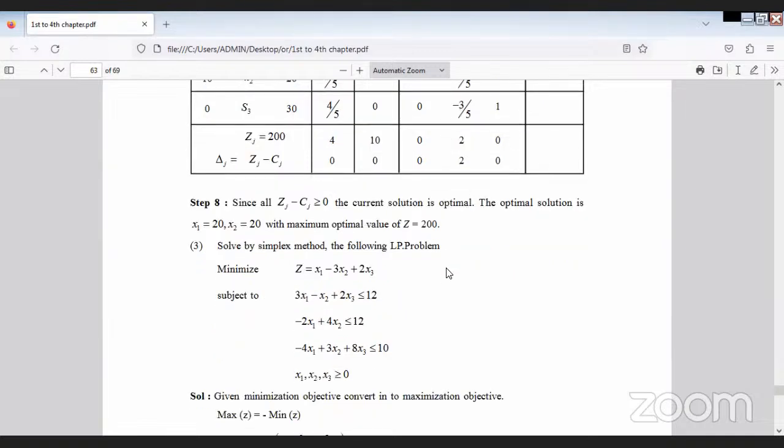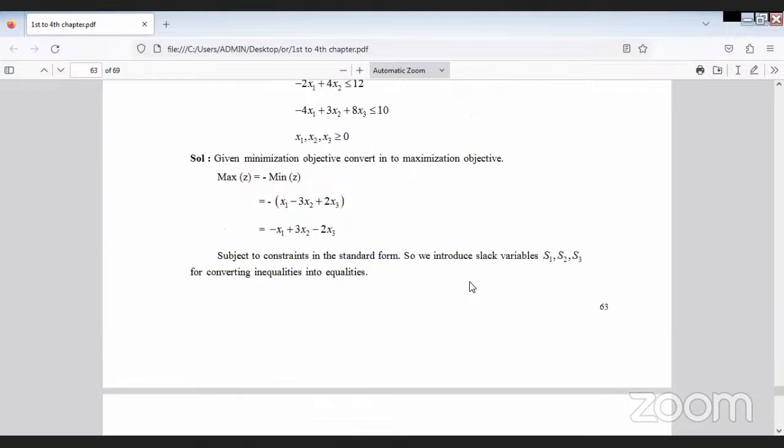So the solved by the simplex method following the LP problem, x1 minus 3x2 plus 2x3, and 3x1 minus x2 plus 2x3 greater than 12, minus 2x1 plus 4x2 less than or equal to 12, minus 4x1 plus 3x2 plus 8x3 less than 10, x1, x2 greater than 0. So the given minimization objective converts into maximization objective. So I'm taking a minus of above equation, minus of x1 minus 3x2 plus 2x3.